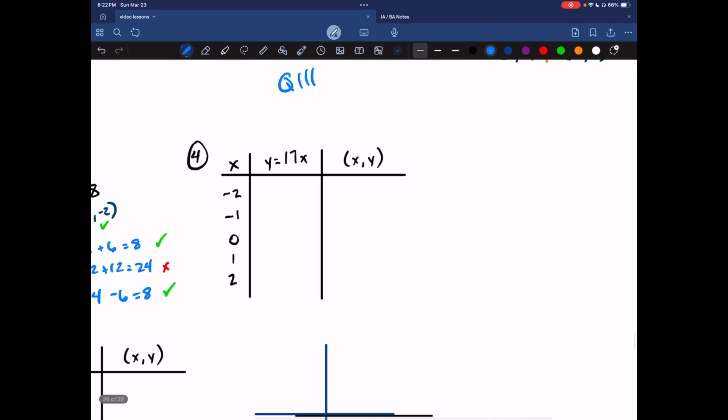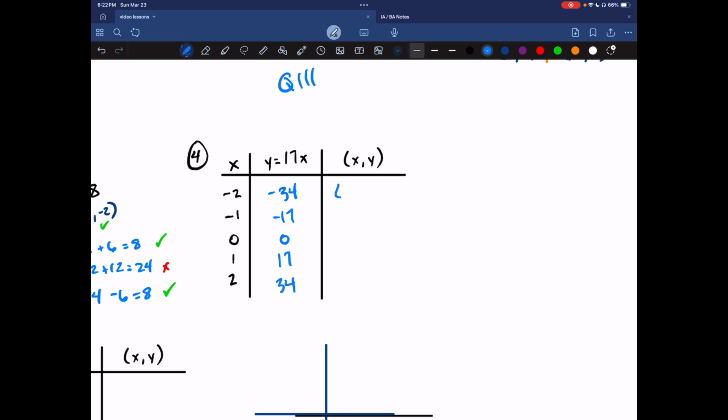On number 4, we have an XY table, a T table. We're going to take all of our points that are given, negative 2, negative 1, 0, 1, and 2, and plug each of them in for x and figure out what we get. So 17 times negative 2 is negative 34. Negative 17. 17 times 0 is 0. 17 times 1 is 17. 17 times 2 is 34.